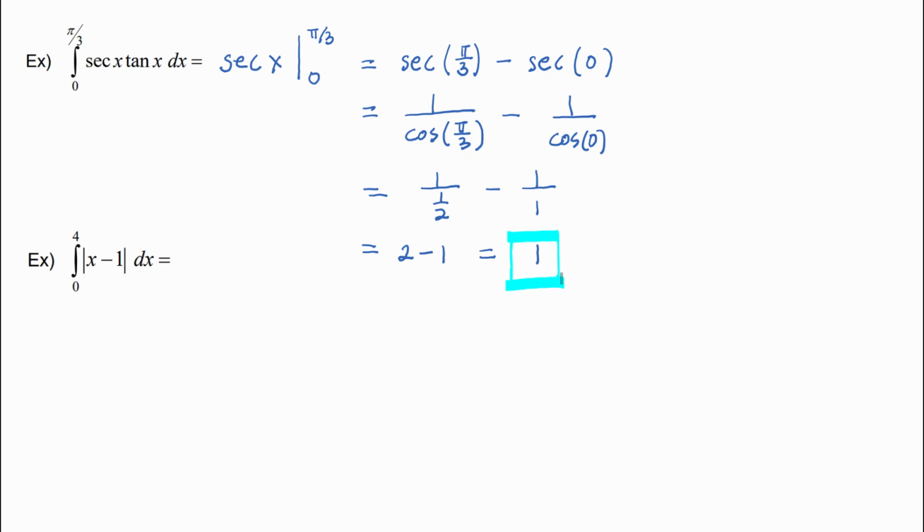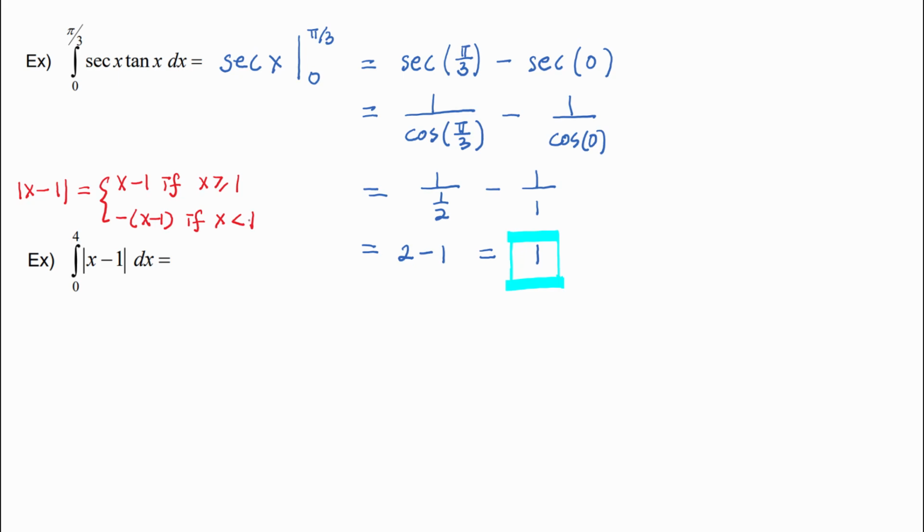How about the integral from 0 to 4 of the absolute value of x minus 1 dx? Well, the absolute value of x minus 1 is a piecewise defined function. So let's rewrite this: absolute value of x minus 1 is equal to x minus 1 if the input is positive, and the input is positive if x is greater than or equal to 1. And it will be the opposite of x minus 1 if x is less than 1.